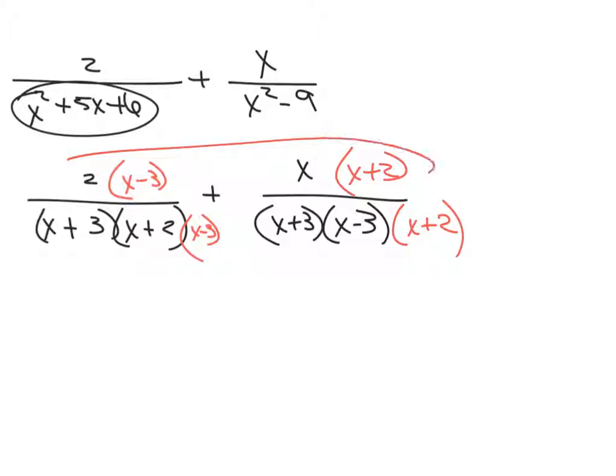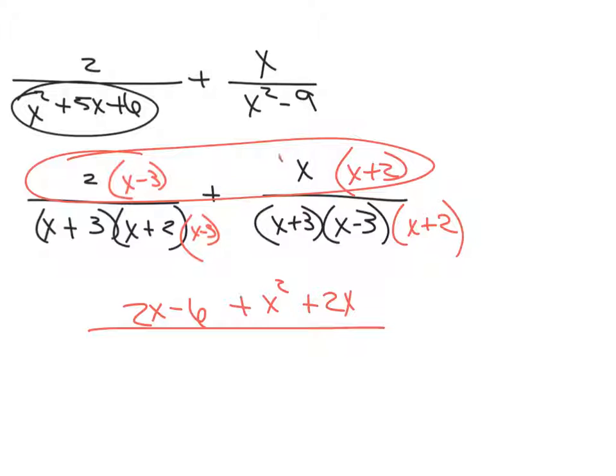Okay. Let's combine our tops. Okay, so I distributed this x, I distributed this 2 to give me 2x minus 6.